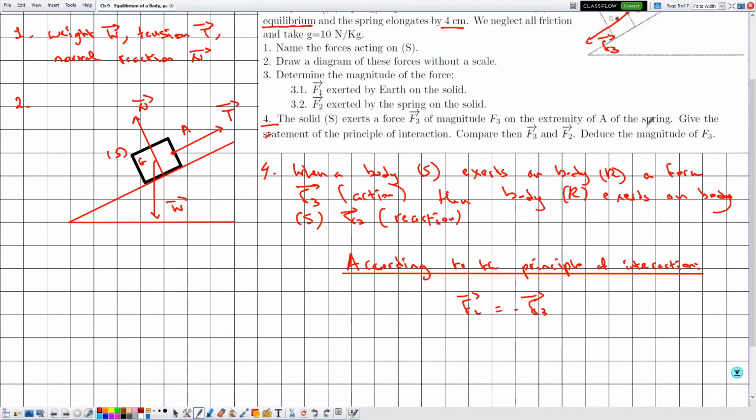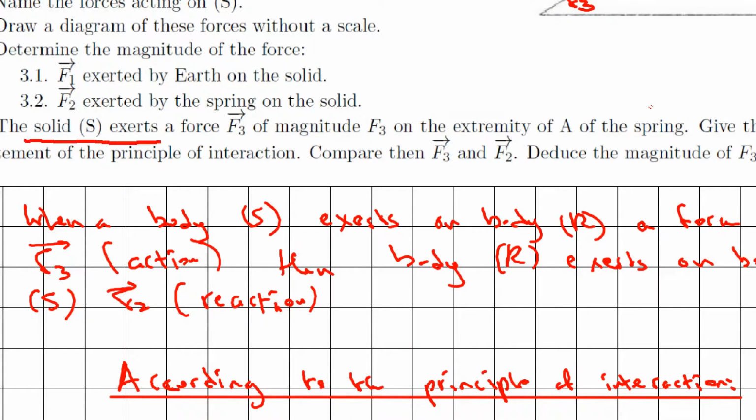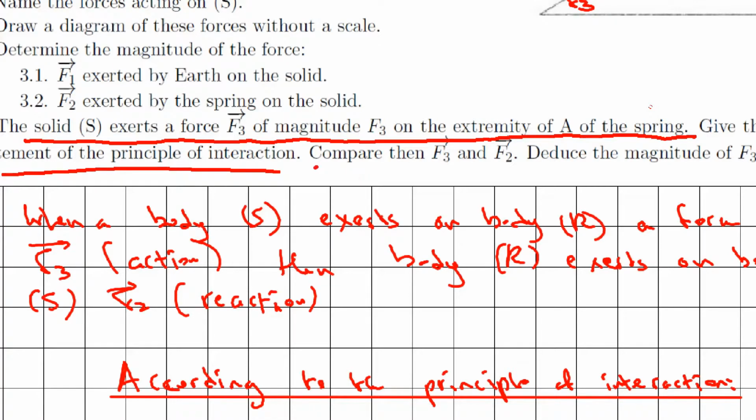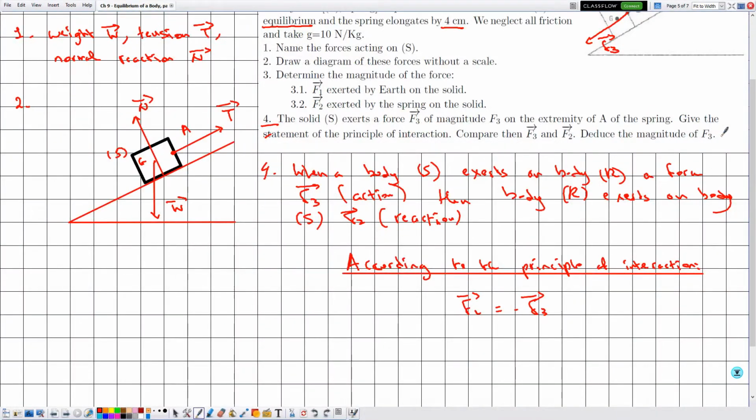So notice that here part 4 consists of 3 parts. We are done with the first part. We are done with the second part. And as for the final part, we need to deduce the magnitude of F3.